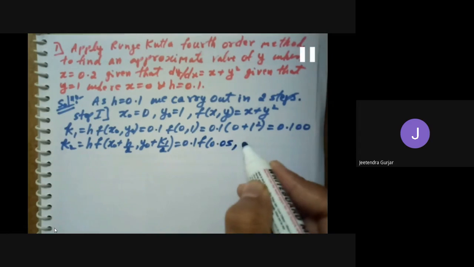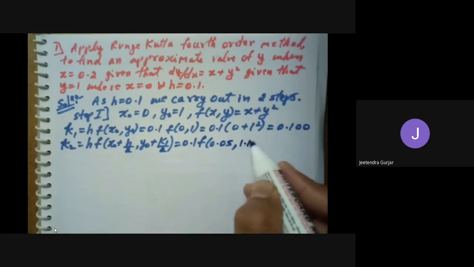Can you tell me what is y naught plus k1 upon 2? y naught is 1. Okay, k1 is 0.1. So 1 plus 0.1 divided by 2 it is. So when you simplify this, can anyone tell me?